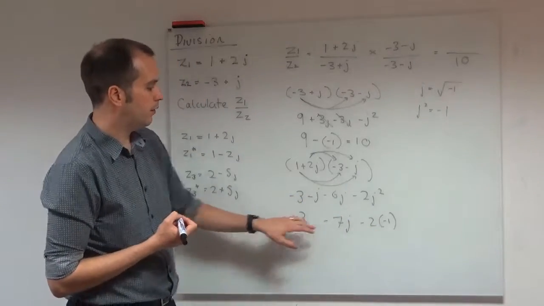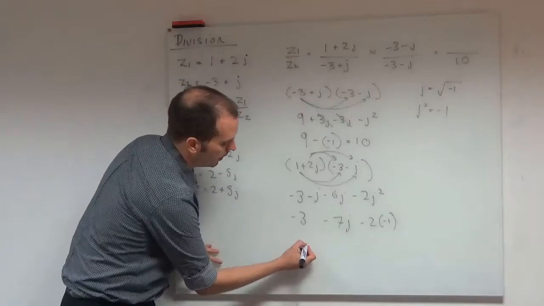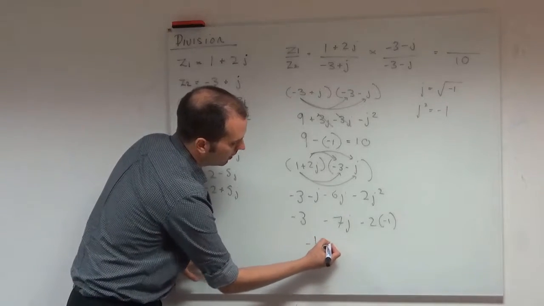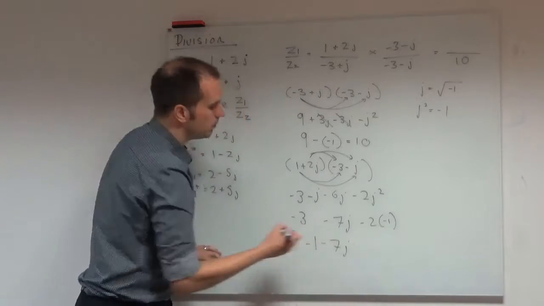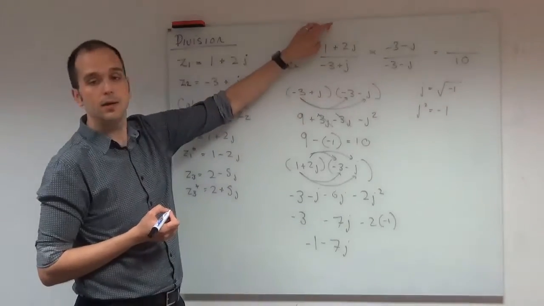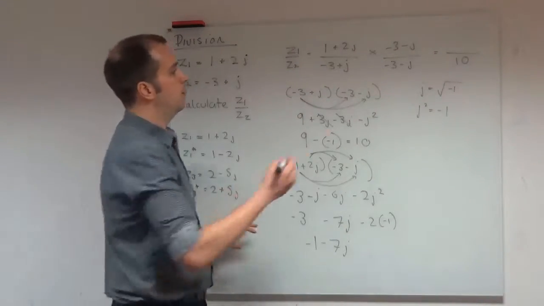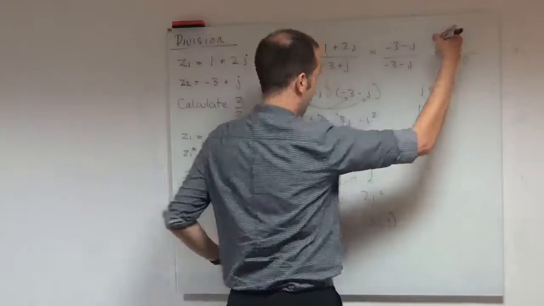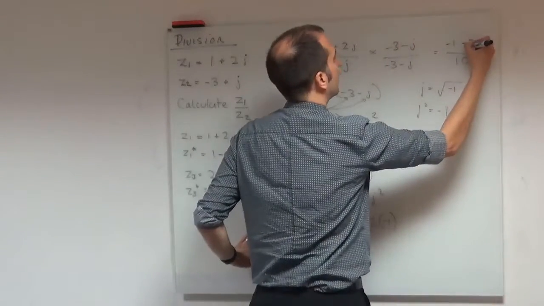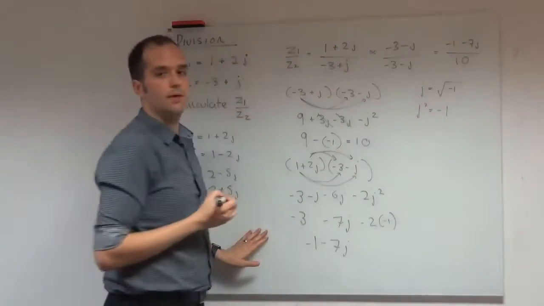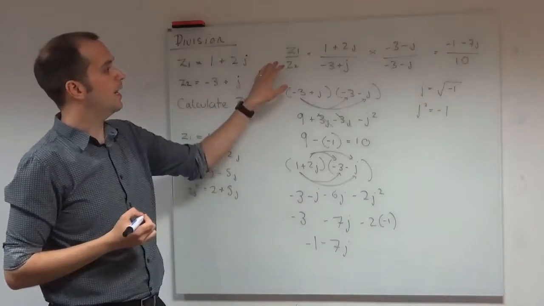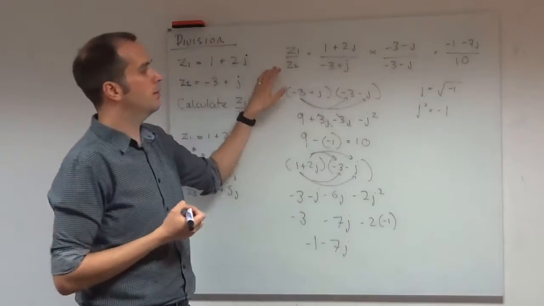I have minus 3 plus 2 is minus 1, and we have a minus 7j. And that's our numerator. So we put that in at the top. We have minus 1 minus 7j. And that's how we divide z1 by z2.